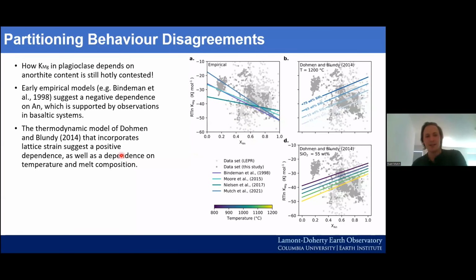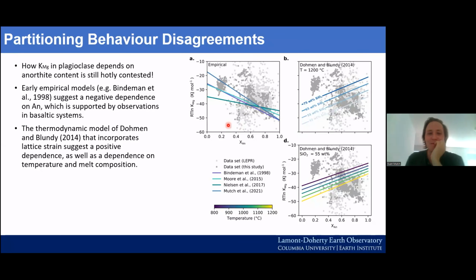And then more recently, there's been a thermodynamic model that incorporates a lattice strain component by Ralph Dohmen and Jon Blundy. Importantly, this model incorporates the effects of melt composition as well as temperature. But interestingly, what they found was the opposite sense, where the dependence on anorthite content has a positive relationship.